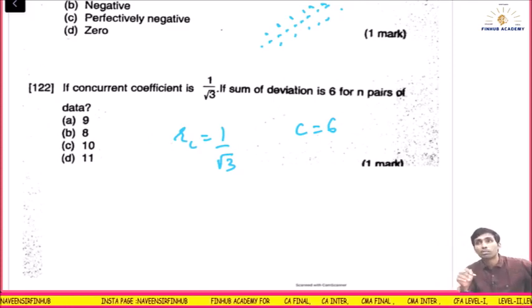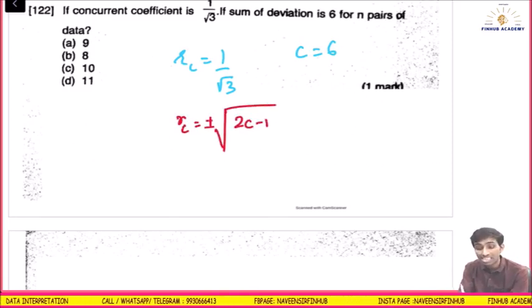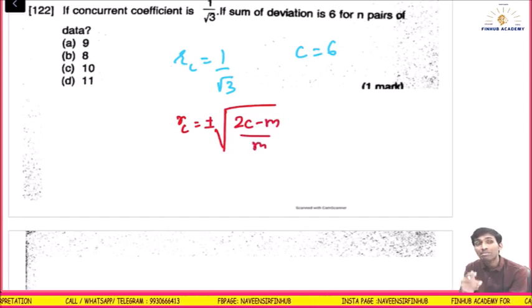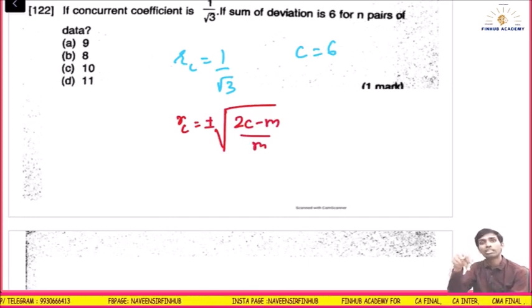The positive count is 6, and they are asking n, so you should remember the formula: rc is equal to plus minus under root of (2c minus m) upon m. Here m is the number of pairs of concurrent deviations, and n will always be 1 more than m.